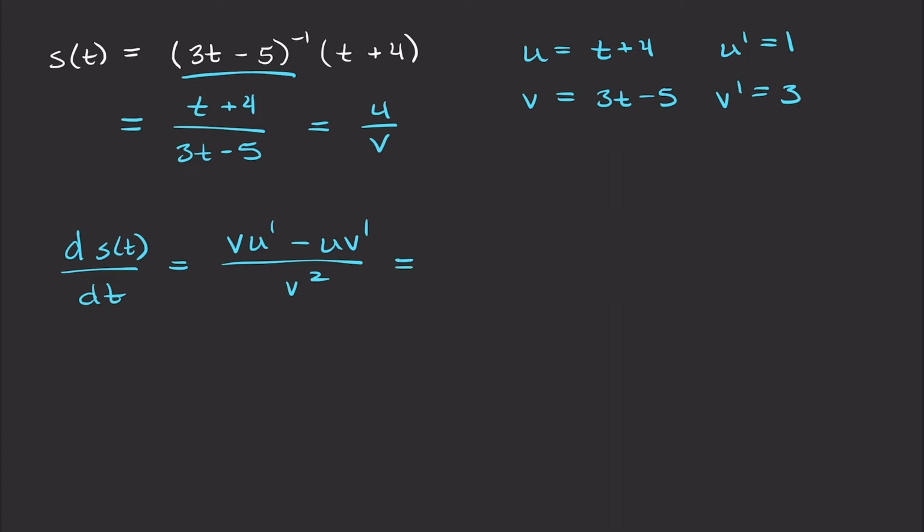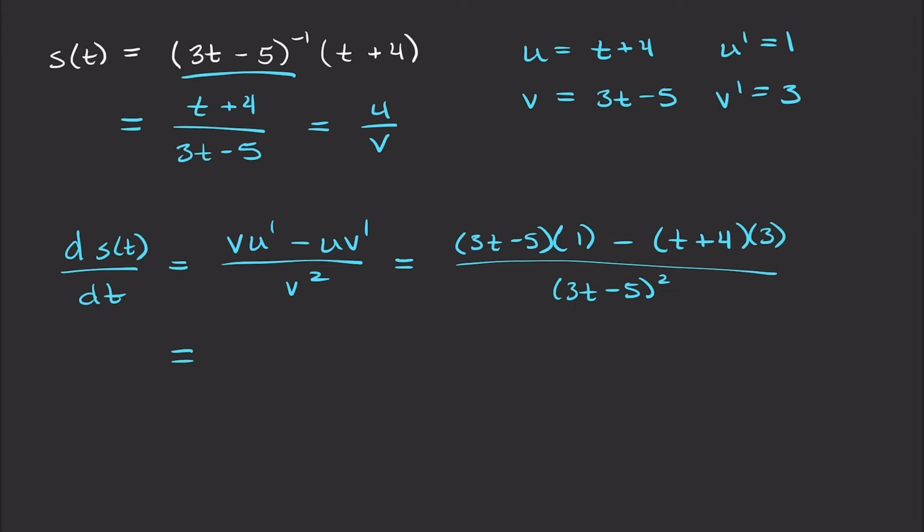So if we plug in, our v is 3t minus 5 times u prime, which is just 1, minus u, which is t plus 4, times v prime, which is 3, all over v squared, or 3t minus 5 squared.